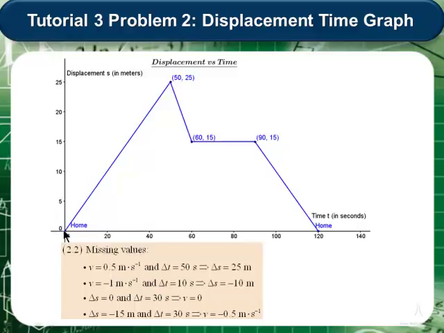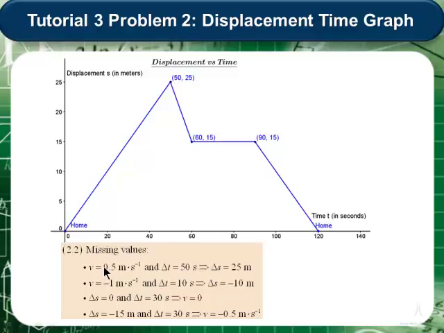A boy leaves his home, so we assume that the time is 0 at that time, and they tell us that he walks at a velocity of half a meter per second for 50 seconds. So we know that delta t is 50, but we don't know what the displacement is.